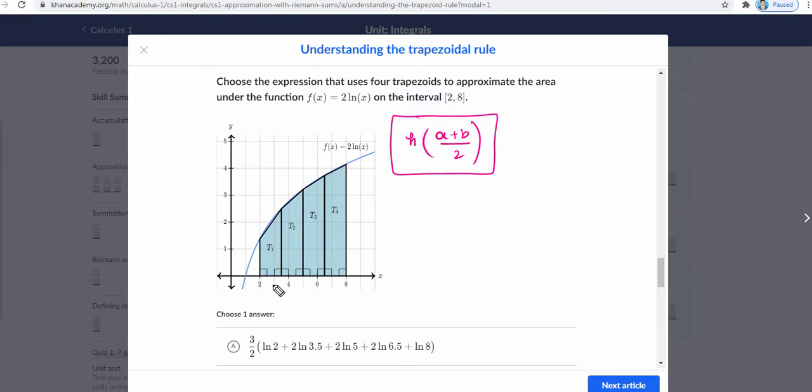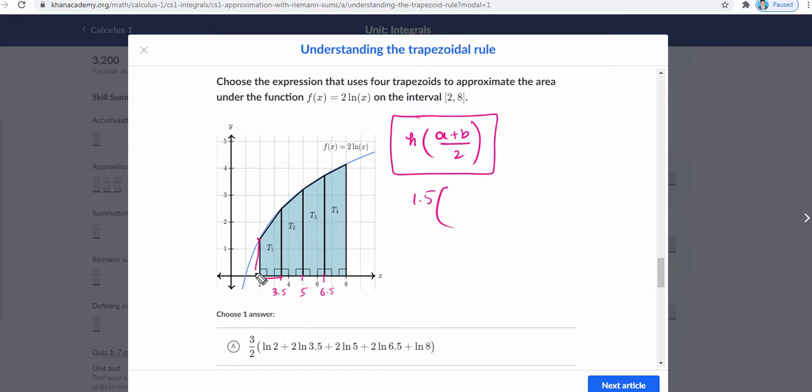So the area for this trapezium will be, now this is 2, and over here we have 4, this is 6, this is 8. So over here we'll have 3.5, this is 4, this will be 5, this is 6, so this will become 6.5, and this is 8. So the height of this trapezoid is 3.5 minus 2, that is 1.5, times the sum of parallel sides.